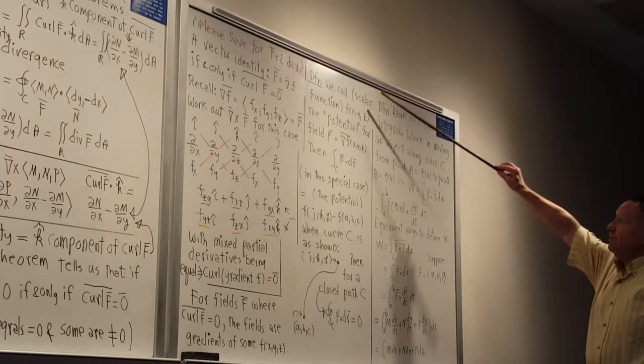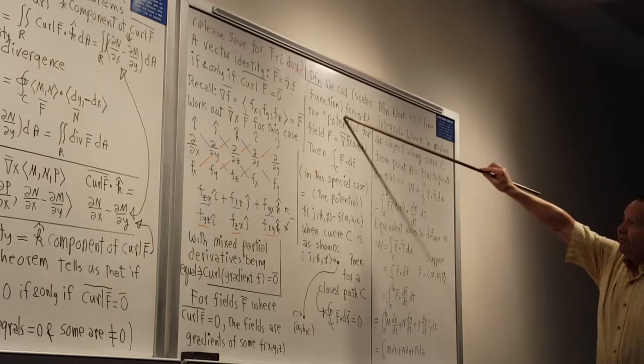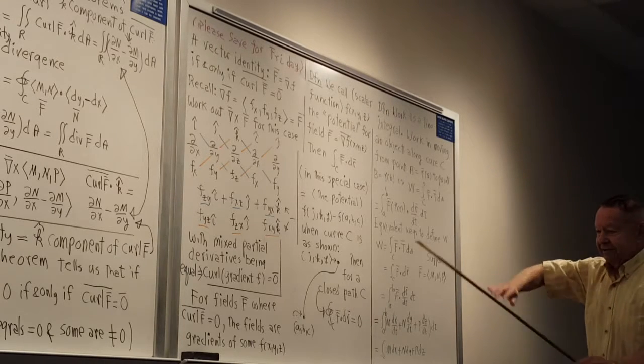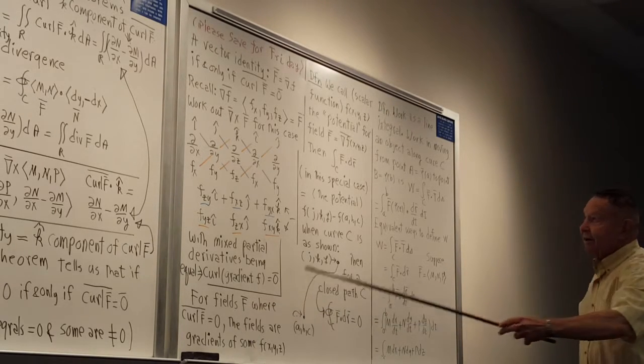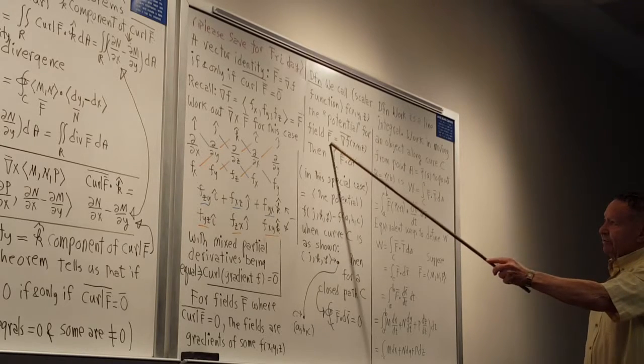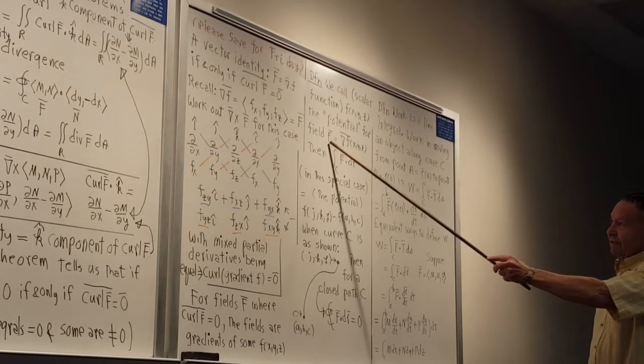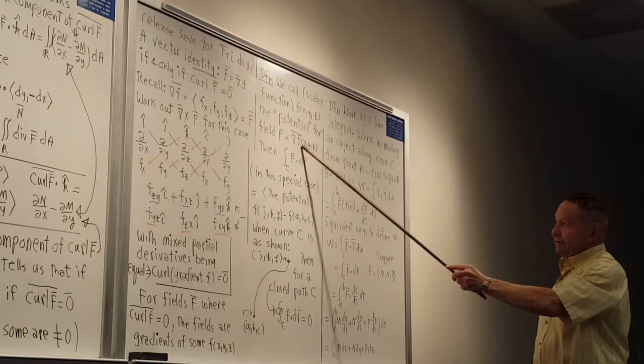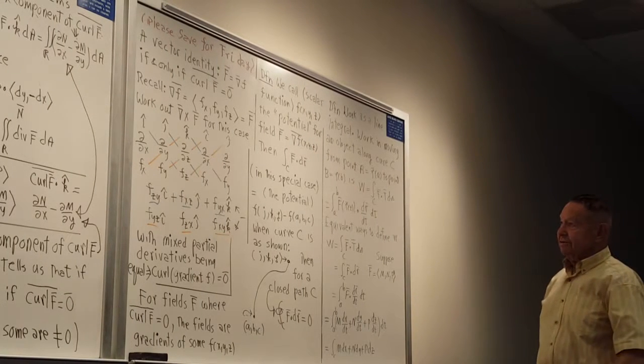And so we call the scalar function that you have the gradient of the potential for the field, which then is the gradient of this scalar function.